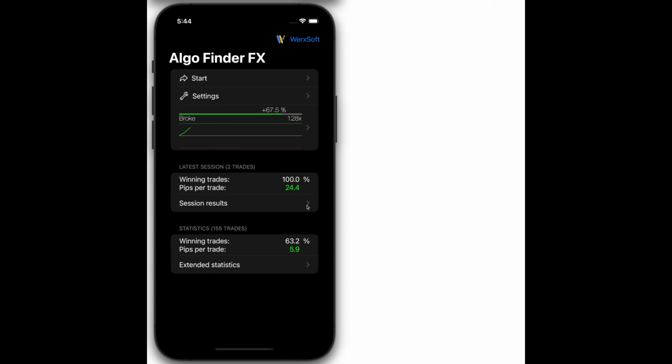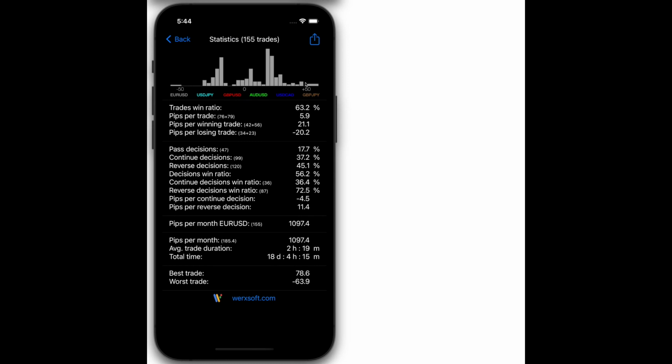If you want to see how we have done over a longer period, over our last 155 trades, since we last reset these statistics, we press here. We have some distribution of how the trades have fallen on the spectrum, how many trades we have won, 63.2%, how many decisions we have won, 56.2%, how many pips per month we will earn if we trade like this, 1097, by trading 185 trades each month.